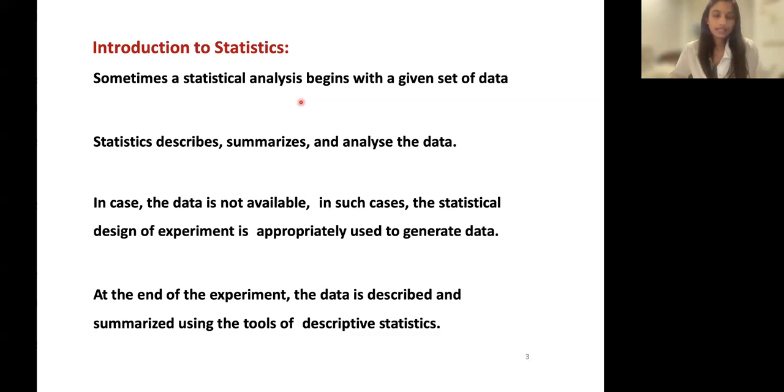For example, scientists developed a vaccine for COVID. Before the pandemic, nobody had data about what vaccines would be effective. So how did they generate that data? They designed experiments, probably mouse models.